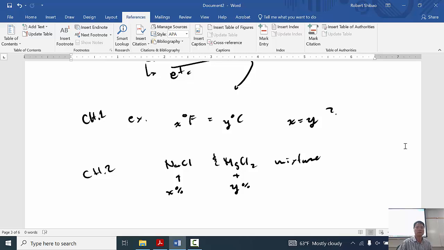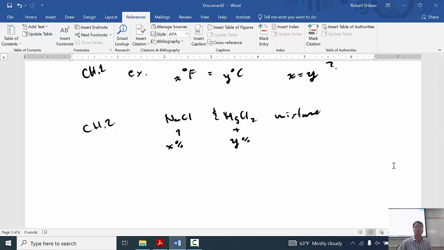And so they gave us the total percent chloride in the mixture, given Z percent chloride.